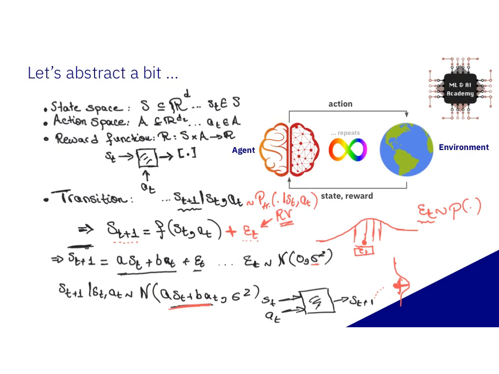Now, what makes RL also hard is that the agent does not have access to this function f, because if it had, you could in fact exploit this function f, and based on that, try to determine a very good action selection rule in order to maximize your performance.